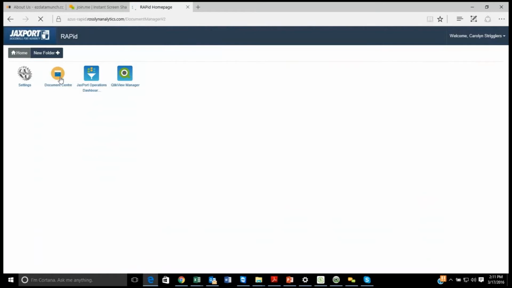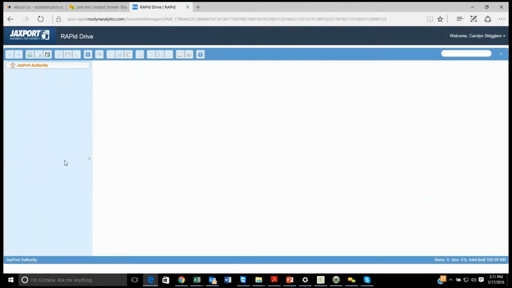Now, Document Center is nothing but you want to upload all your data. So there are different data formats, different file formats that you can upload. So I want to create a new folder, or I want to add a new file. I can add a new text file, or I can add a new Excel file or a CSV file. If it is a database application, we can add any database files.